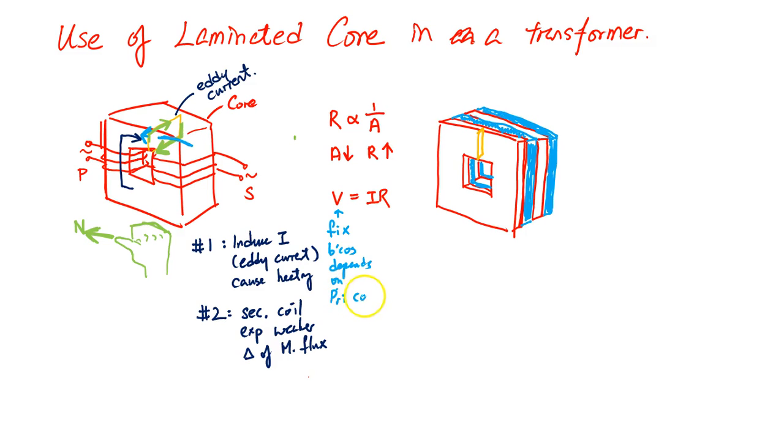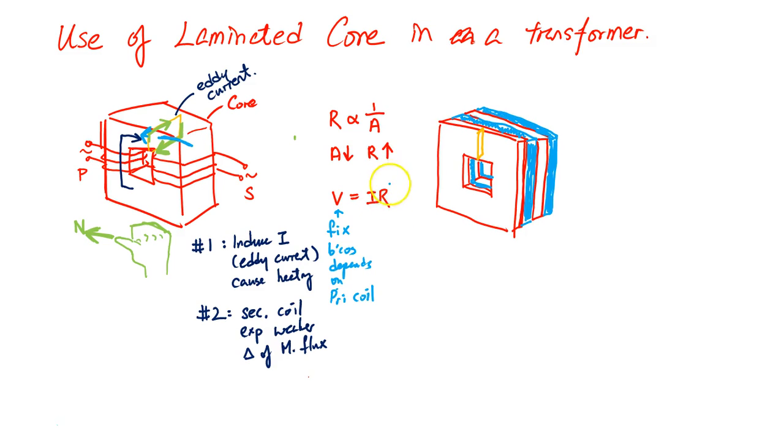What do I mean by it depends on your primary coil? It depends on how frequently your AC current changes direction. It also depends on the magnitude of your AC current in the primary coil. So if those two didn't change, your induced EMF on the core is basically fixed.